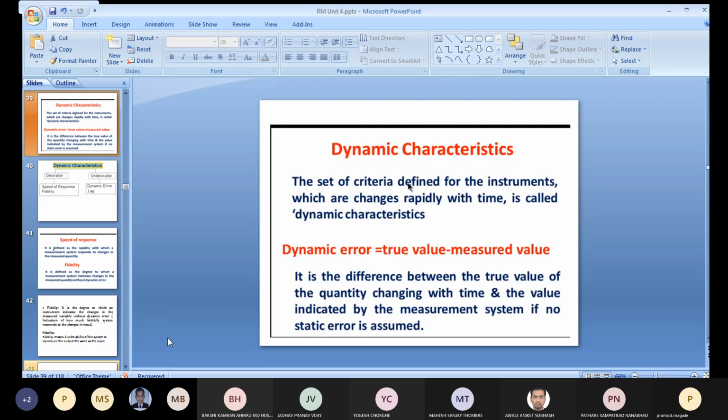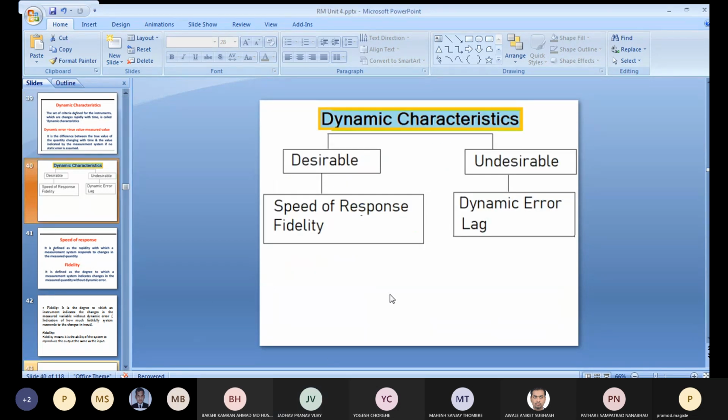Okay, have you done this? Okay. So this is again a chart, desirable and undesirable. We are going to learn about speed of response and fidelity, which are desirable, and dynamic error, which is undesirable, as we have seen: input suddenly changes and the outcome changes rapidly.